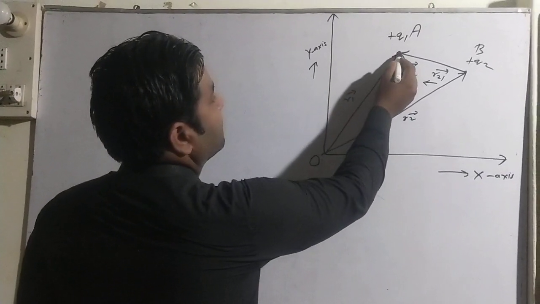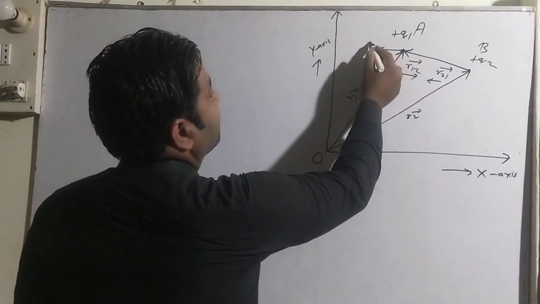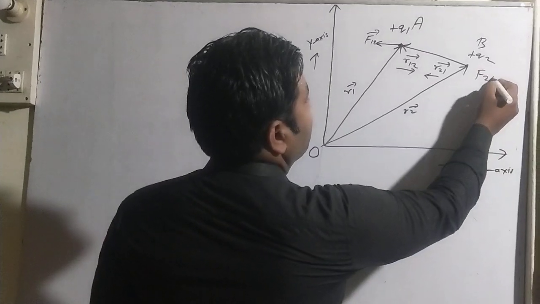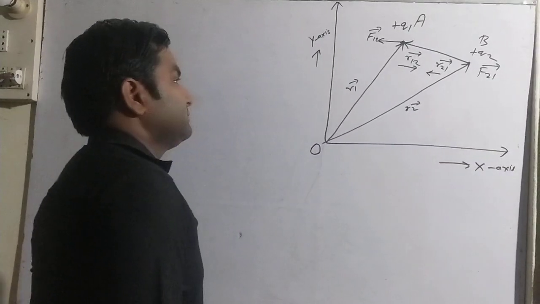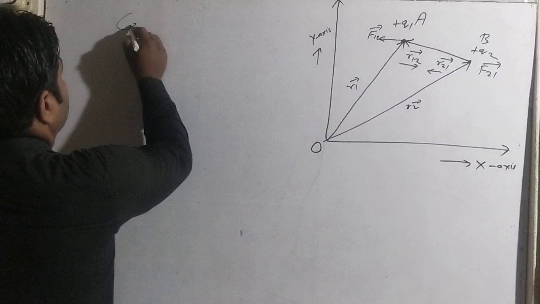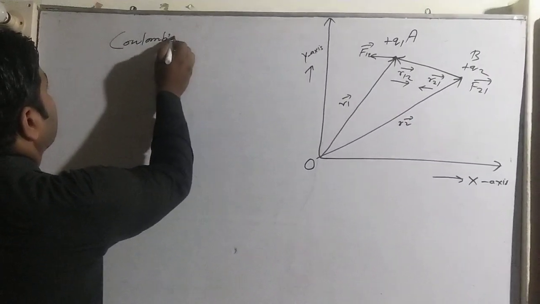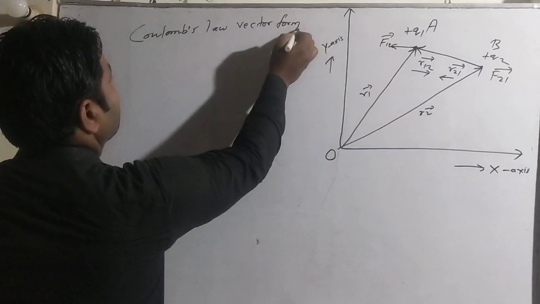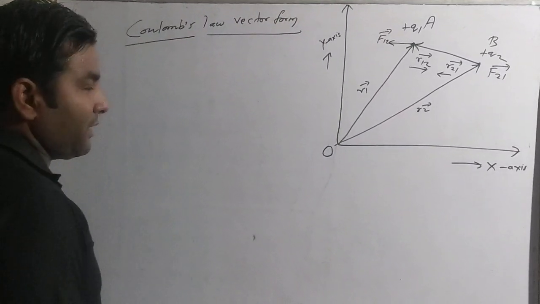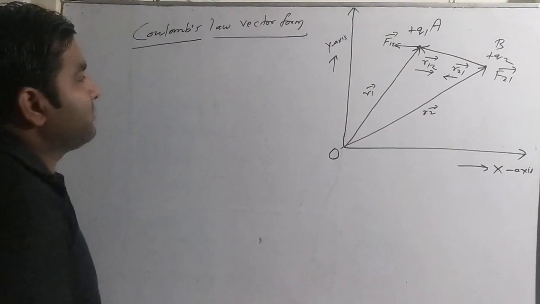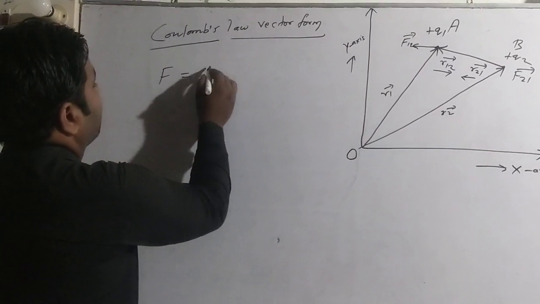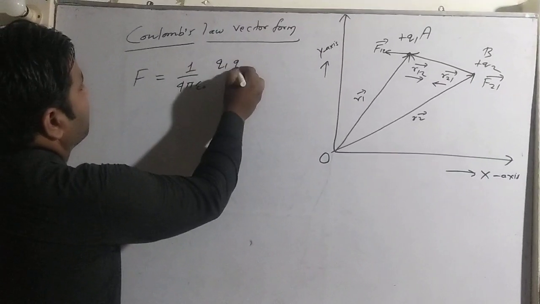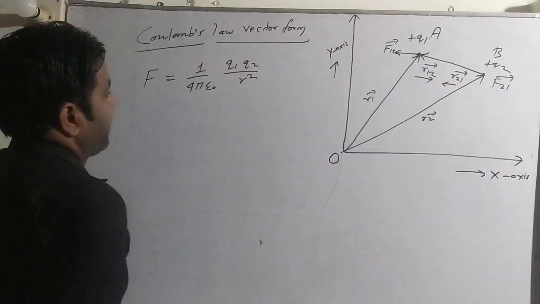Now the force on charge Q1 is F12, and the force on charge Q2 is F21. In Coulomb's law in vector form, we know the normal form: 1/4 pi epsilon naught Q1 Q2 upon R square.